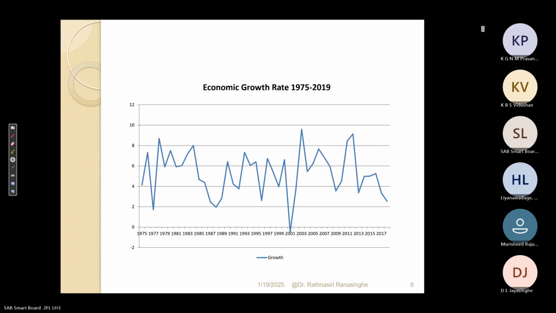Even though we pushed up the economy later, with these disturbances our investment decreased, and we were not able to attract foreign investments. Unemployment increased, and much of the infrastructure was destroyed, so there was no conducive environment for investment to take place.